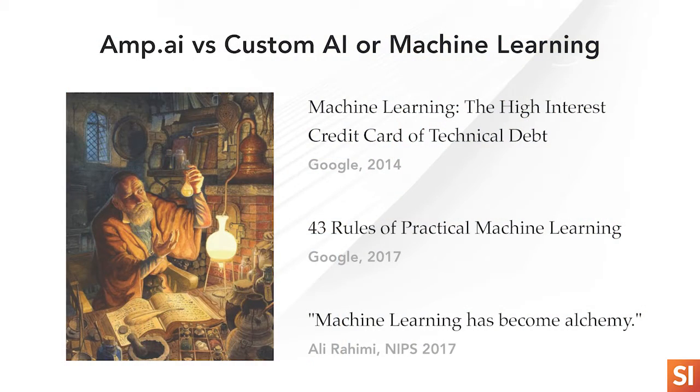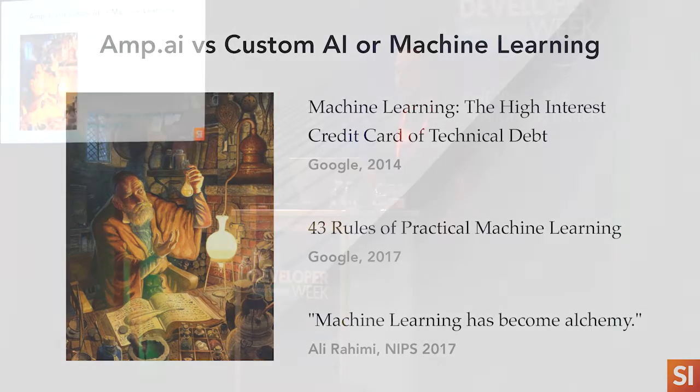Google has published quite a few papers on technical debt and related issues, and I have just 2 of these papers on the screen if you guys would like to read more. The quote at the bottom that says machine learning has become alchemy is from a famous researcher, Ali Rahimi, at a recent conference, and mostly refers to recently popular ideas such as deep learning, which are actually even more difficult to deploy and maintain in production.